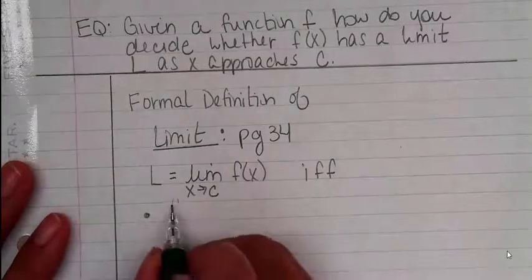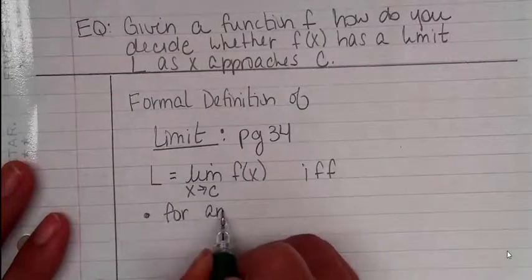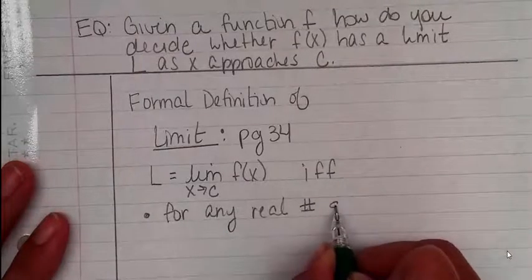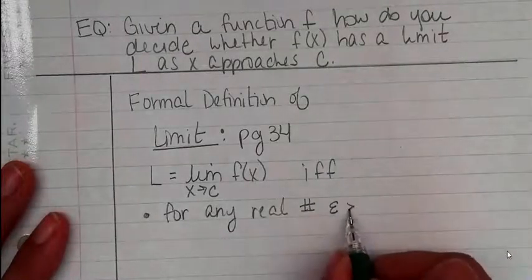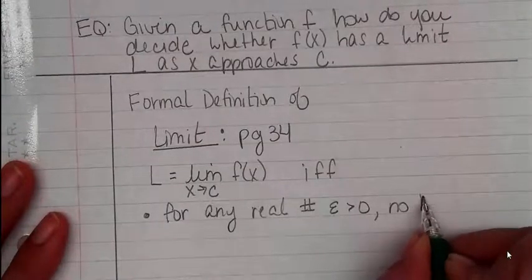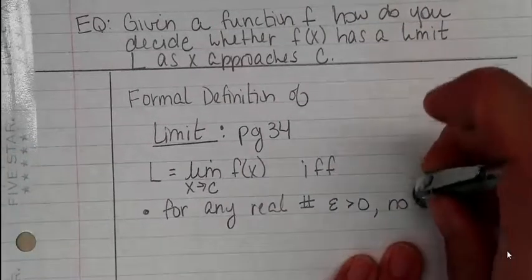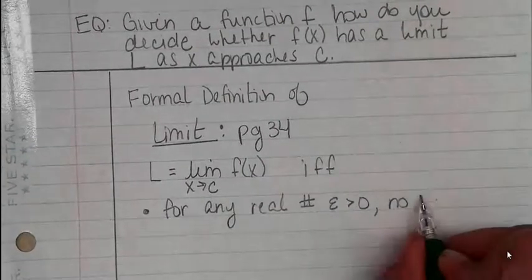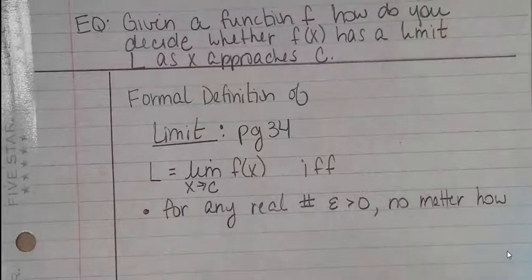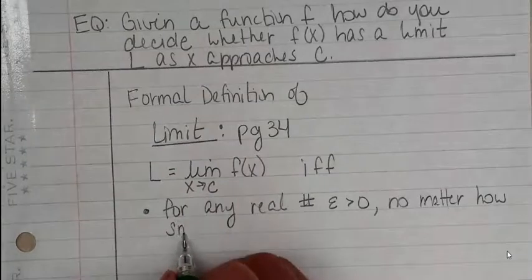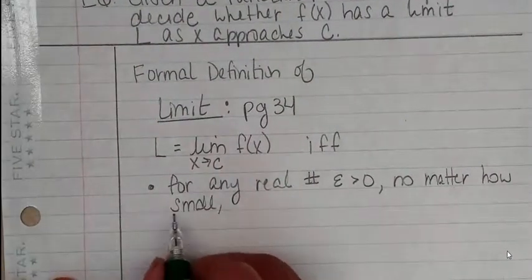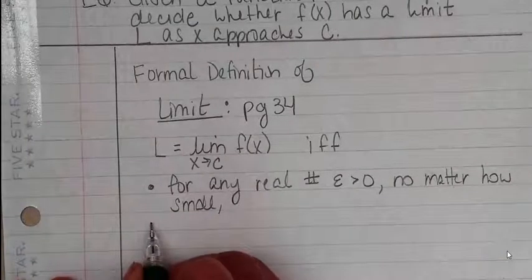So for any real number epsilon greater than 0, no matter how small, I'm going to pull out the important pieces here. I'll do bullets.